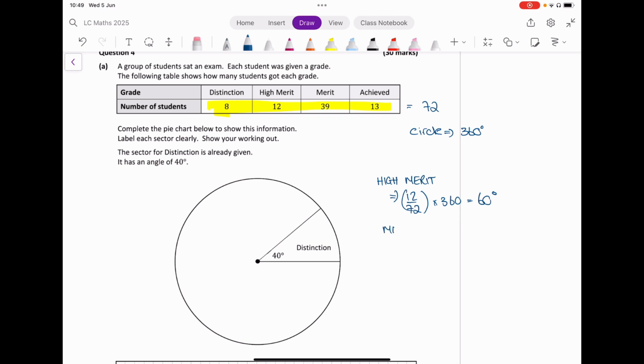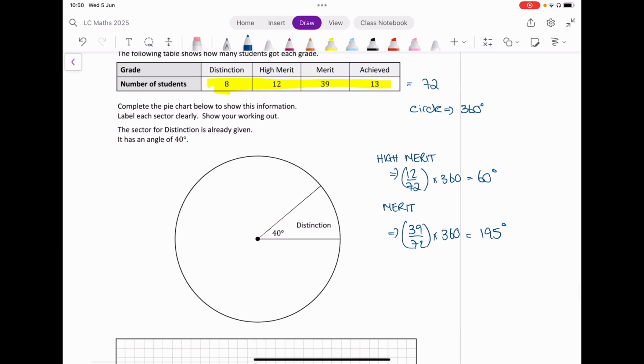For the merit, it's 39 over 72 multiplied by 360, and that is 195 degrees.